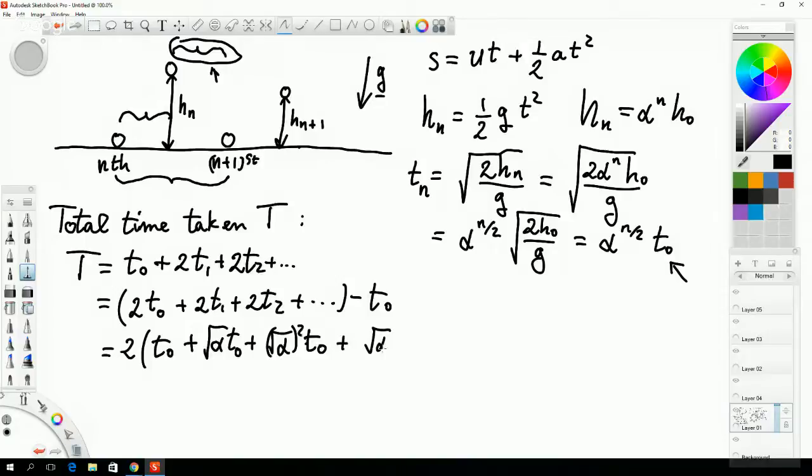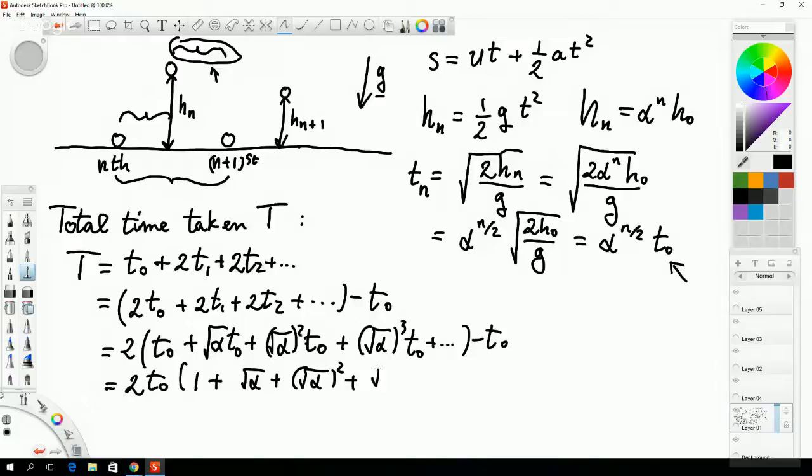Plus, then we go on like square root of alpha cubed t naught plus dot dot dot minus t naught. So we can take the t naught out in a similar way as before, and we end up with 2 t naught times 1 plus square root alpha plus square root of alpha squared plus square root of alpha cubed plus dot dot dot, minus t naught.